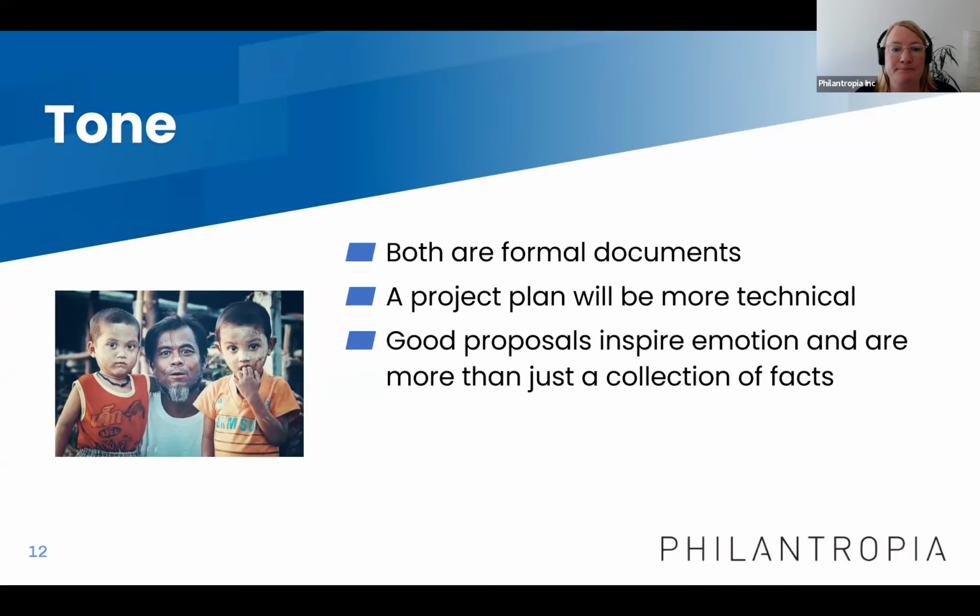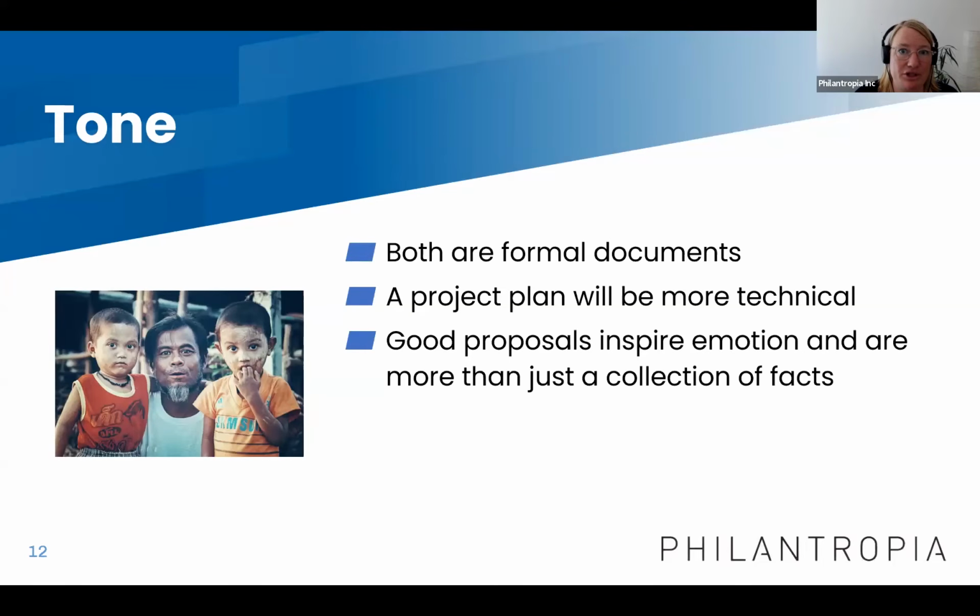The proposal is the same. It's a technical document, an official document that you send out. It should be formal. It should look nice. It should address everybody with proper tone, proper words, etc. But in general, a project plan will be more technical.